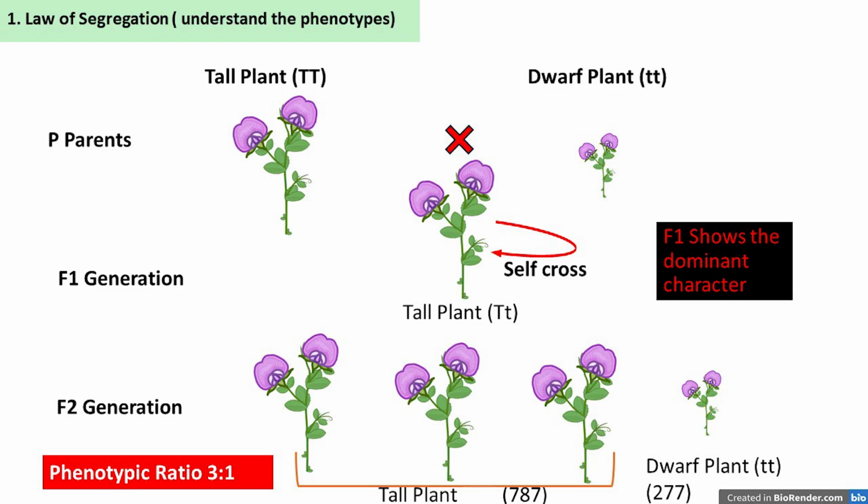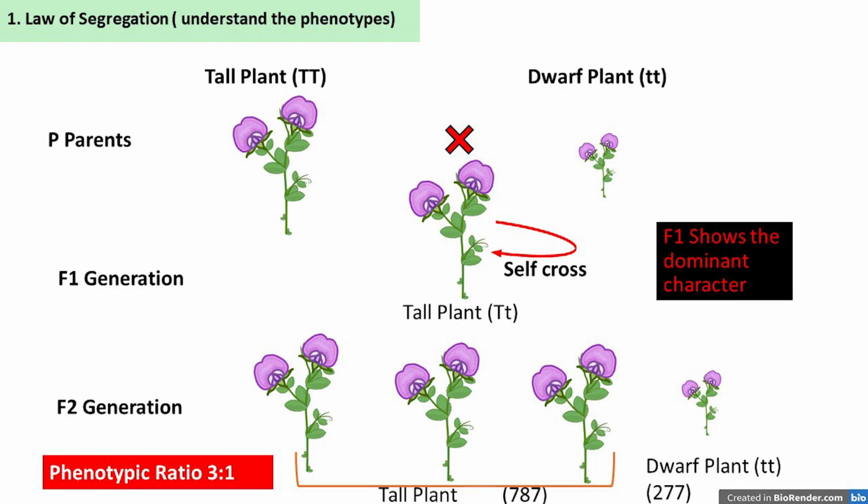But we also see a dwarf plant. Which means there is no blending, the traits maintain their integrity. In the first generation they disappeared, but in the next generation they come back.